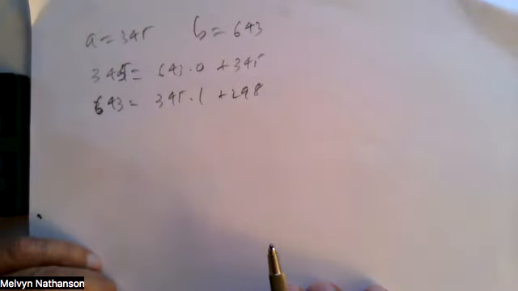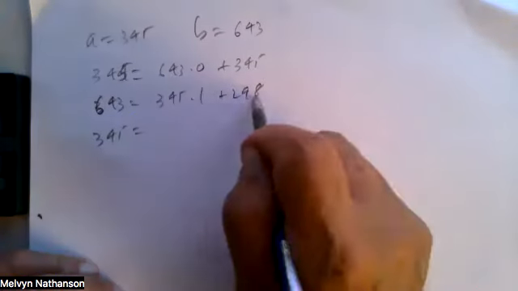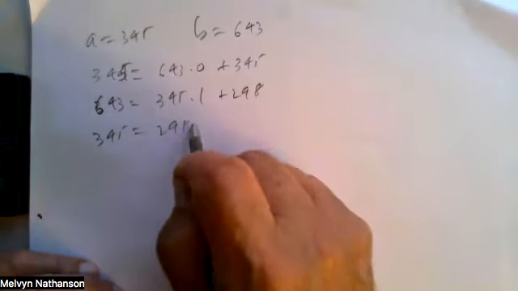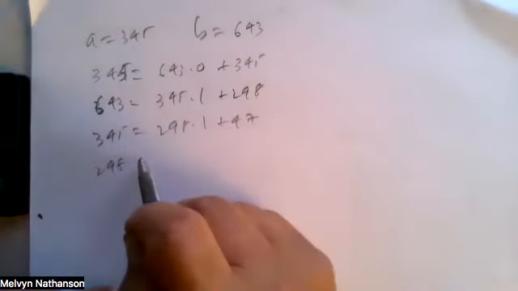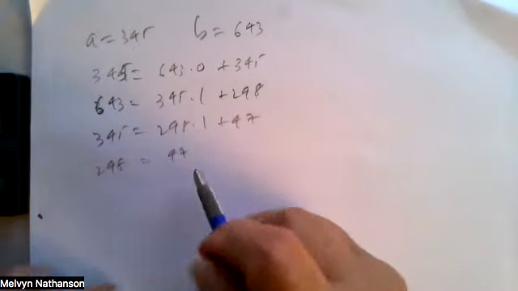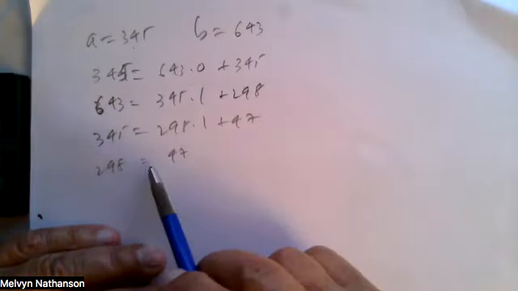345 divided by 298 goes in once and leaves a remainder of 47. 298 divided by 47 is roughly like dividing 300 by 50.